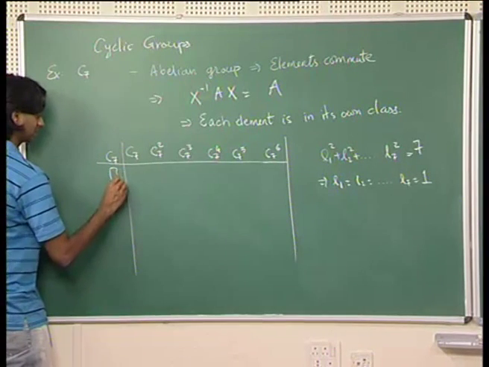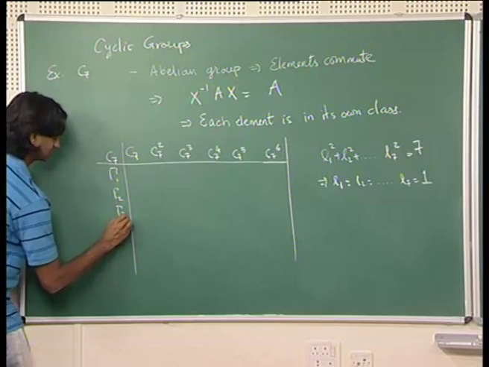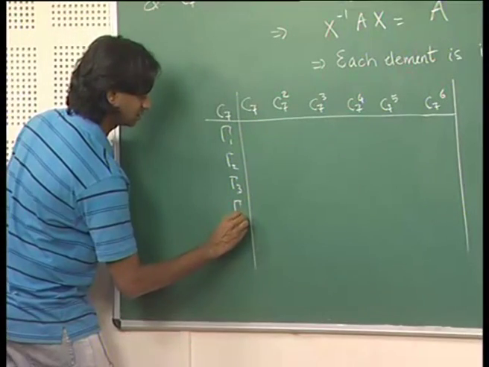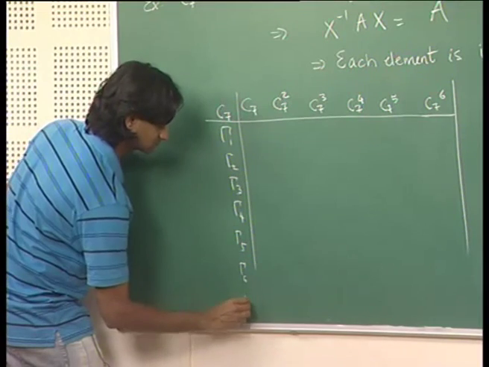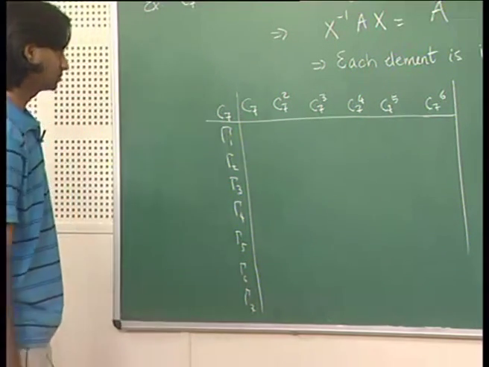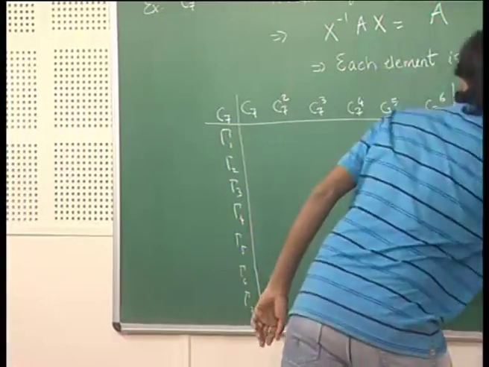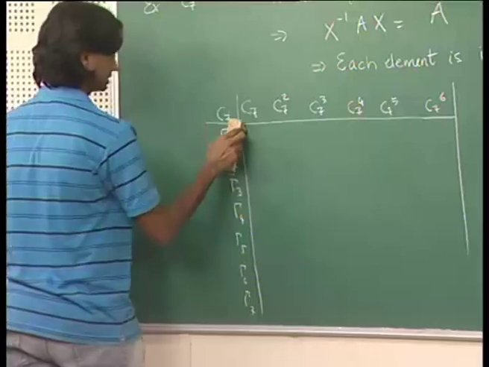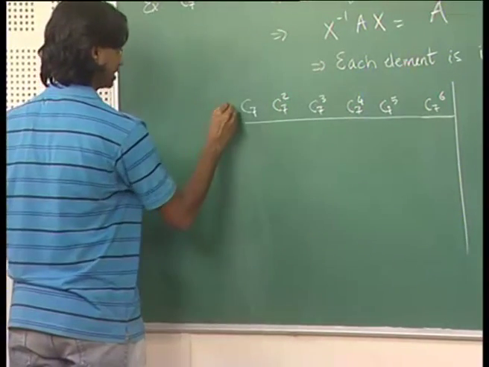So we can say gamma 1, gamma 2, gamma 3, gamma 4. Oh, I missed the identity. I have to show the identity element. So there should be identity.